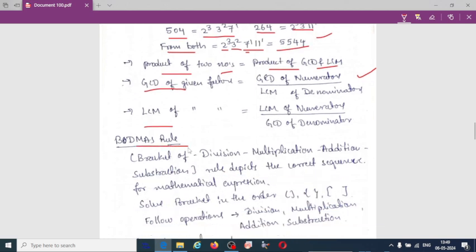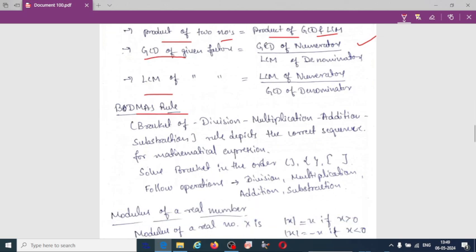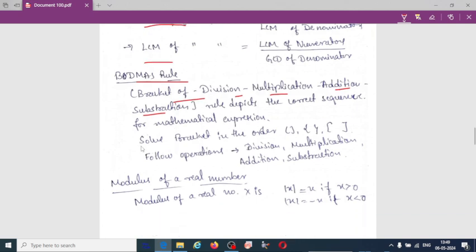BODMAS. This you know since school days: brackets, division, multiplication, addition and subtraction. So you can solve the given problem. First you should solve the brackets in order: round bracket, flower bracket, square bracket.